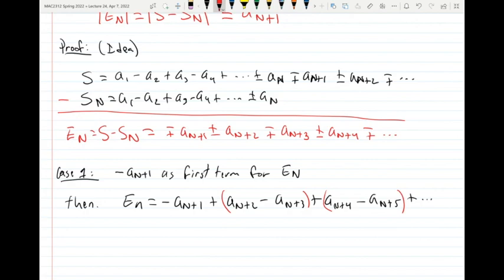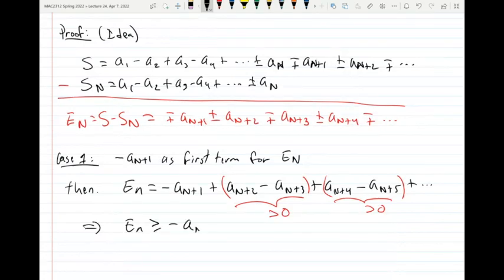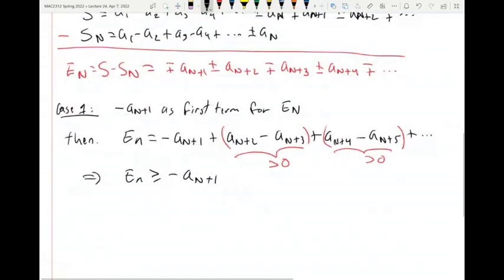Because we have the monotonicity property, again, just like last time, this is greater than 0, this is greater than 0, etc. So what do we have? We have a negative number, because this, without the minus, is positive, so this is really a negative number. And then we're adding positive stuff to it. What happens when you take a negative number and you add positive stuff? It gets bigger, right? So it follows that E_N is greater than or equal to negative A_{N+1}. We okay with this? All right.